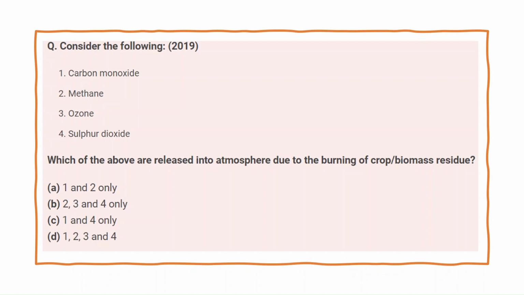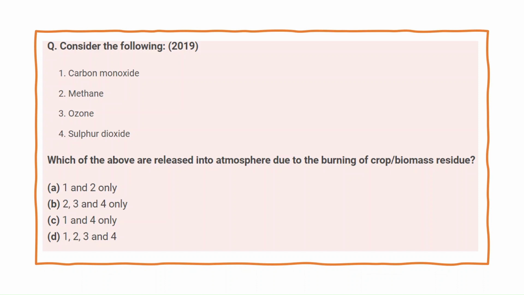Then ozone. This ozone is particularly talking about the ground level ozone that we have just discussed. While ozone is not directly released during the burning of crops and biomass residue, pollutants emitted during such burning, such as VOCs and NOx, react in the atmosphere and lead to the formation of ground level ozone. So this can also happen. So ozone is also true, and SO2, sulfur dioxide, is also released into the atmosphere when fuels containing sulfur, such as certain biomass material, are burned, right?